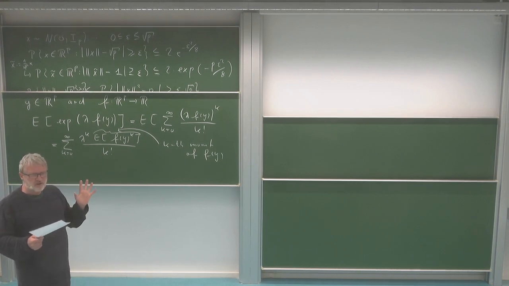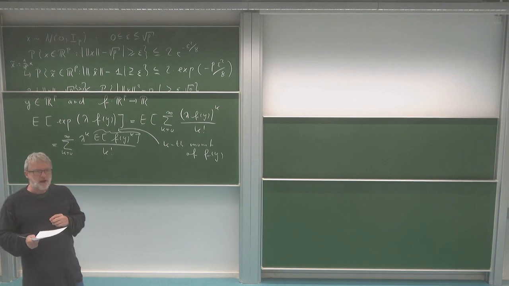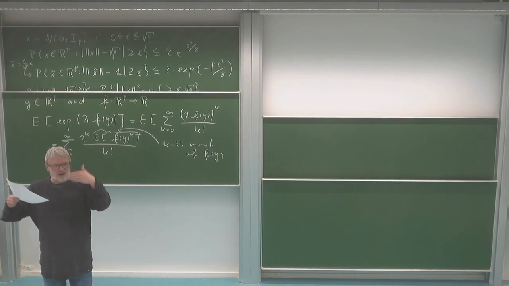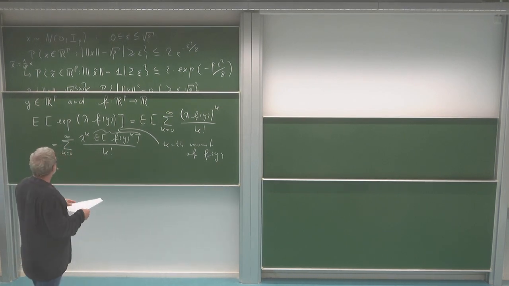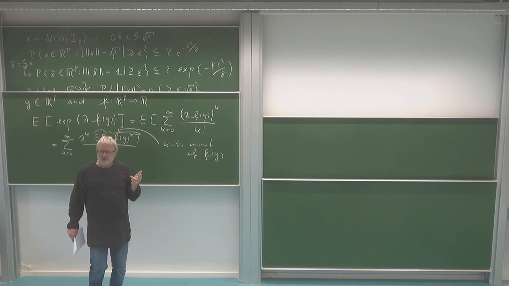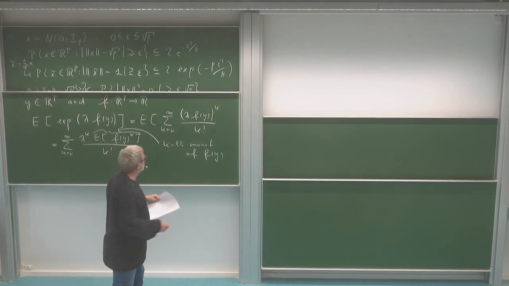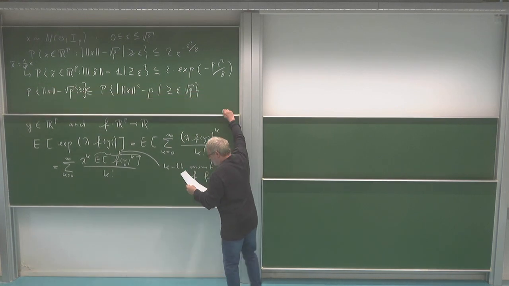Markov we have for any random variable, and what we did for getting Chebyshev was we applied a monotone function to our variable, because this doesn't change the inequality. And this function, where lambda goes to this guy, is monotone if lambda is positive. So in the following, I will consider lambda positive.